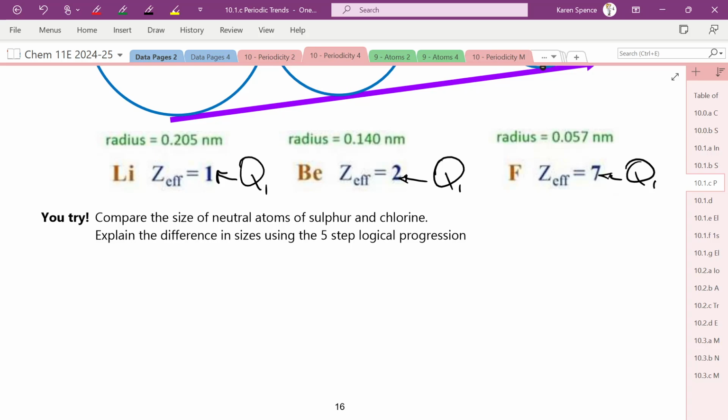Remember, when you're writing AP chemistry questions, nobody cares if you've written a beautiful paragraph. They just care if what you've written is correct. So point form is a big thumbs up, okay? So see if you can, maybe with your partner, maybe in a little group, write an explanation about what the sizes of sulfur and chlorine are compared to one another, and why.